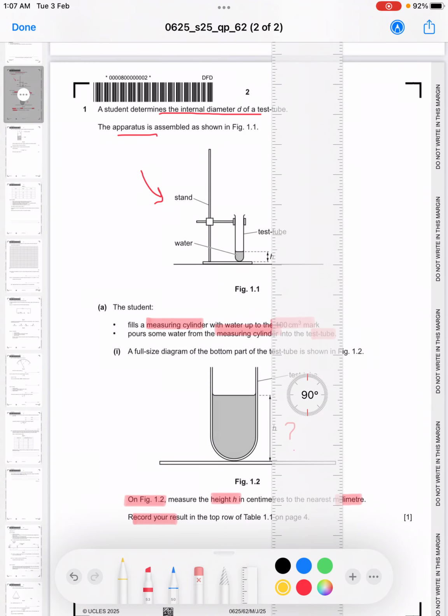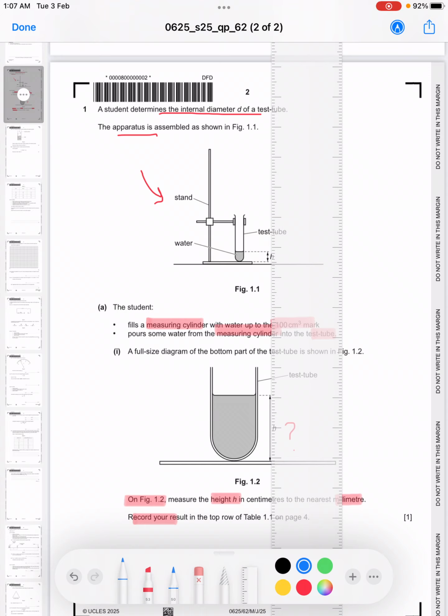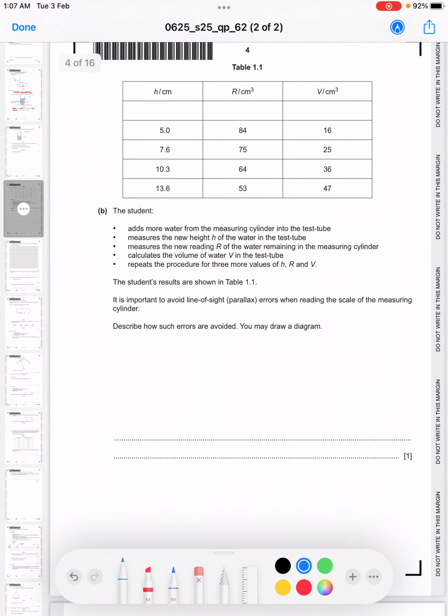You just need to place the ruler on this line and measure the length over here. It comes out to be 3.4 centimeters, and we need to write this value here, 3.4 centimeters.